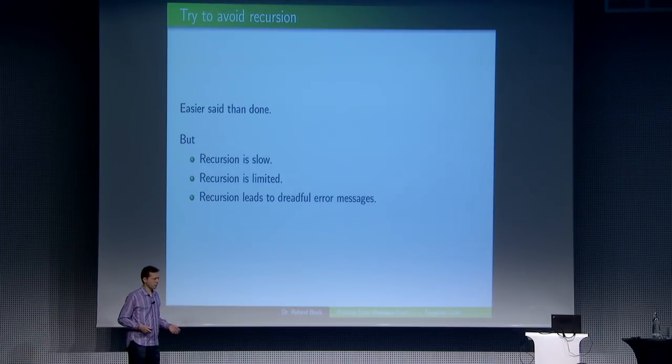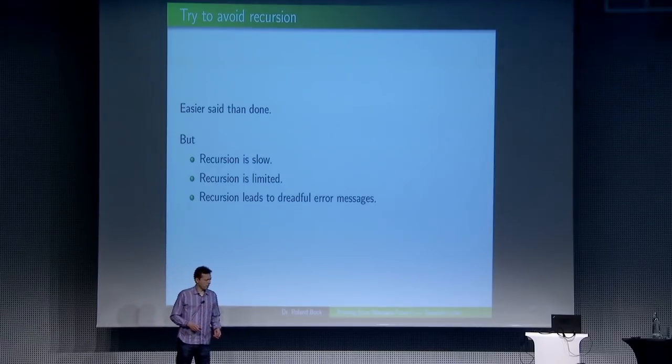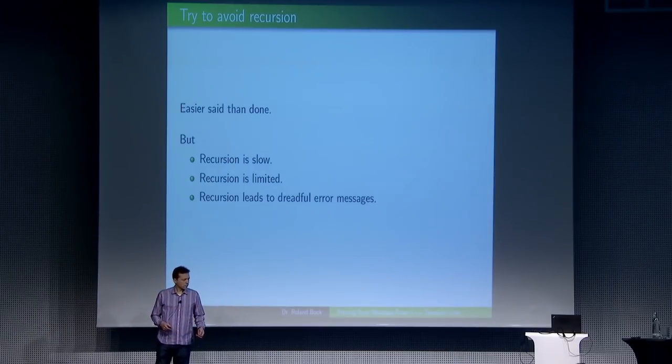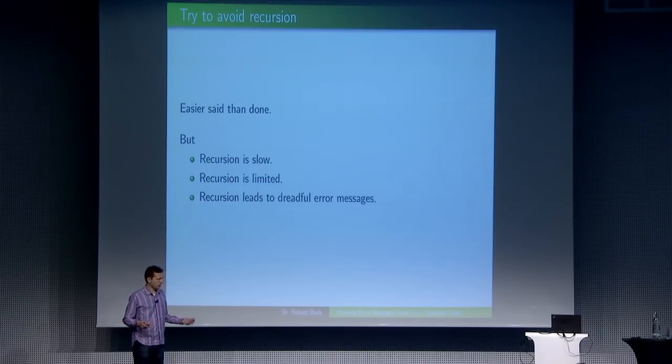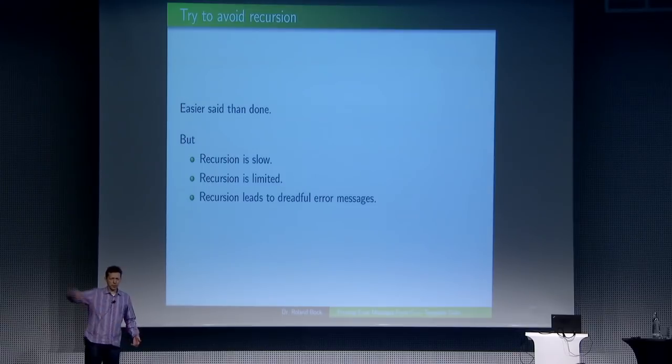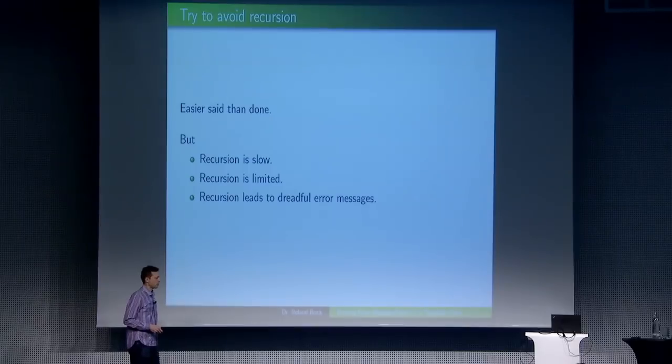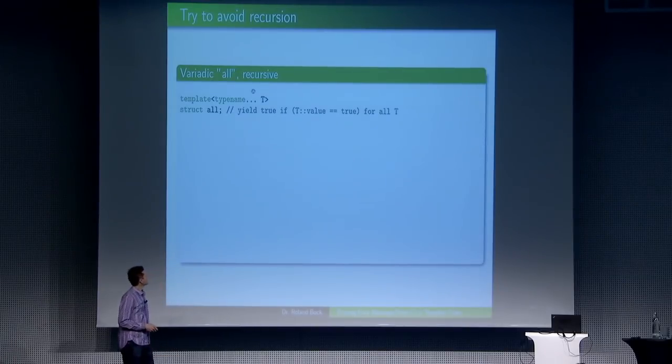You can change those limits, but for instance, Clang has a stack limit of 256 by default, I think. GCC has a recursion limit of about 1,000 or so. So it's slow, it's limited, and it can lead to really dreadful error messages if something happens way down the stack. Right? And as an example, let's take a look at a variadic all.